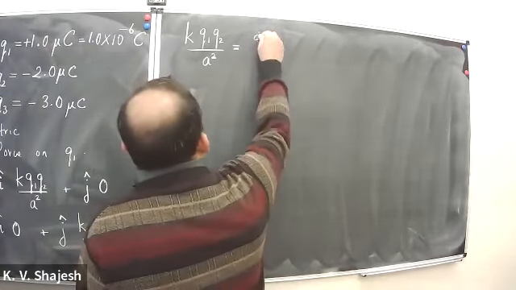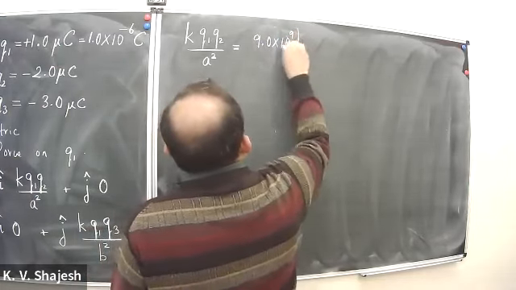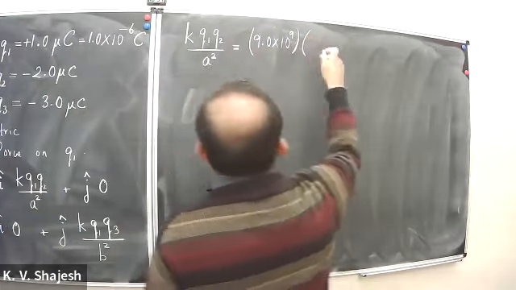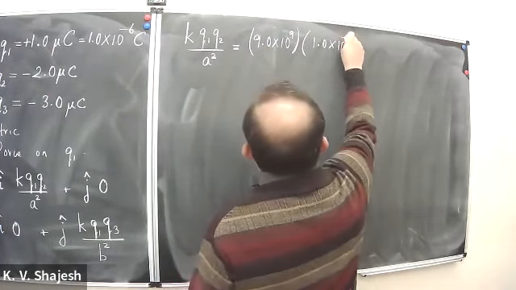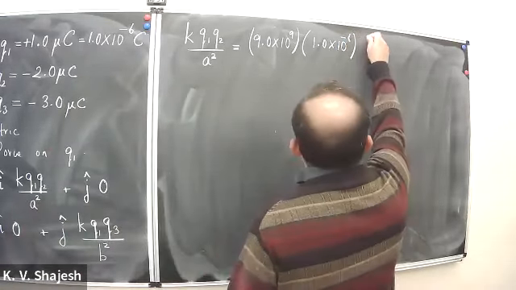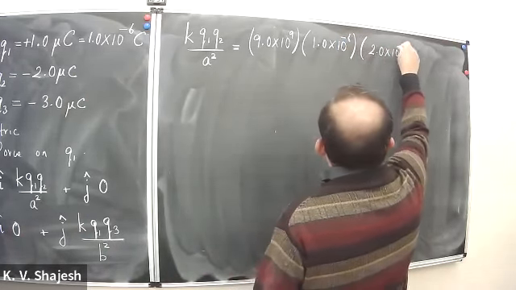So that's 9.0 into 10 raised to 9. That's K. Q1 is 1 into 10 raised to minus 6. Q2, you would say, is minus, but 2.0 into 10 raised to minus 6.